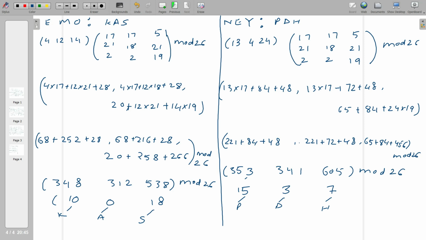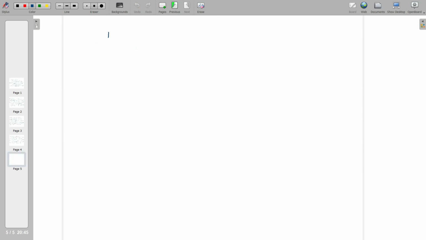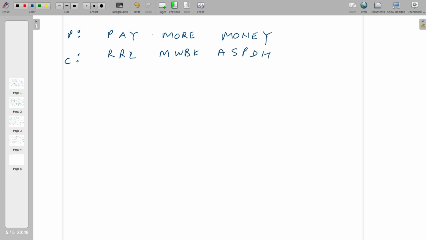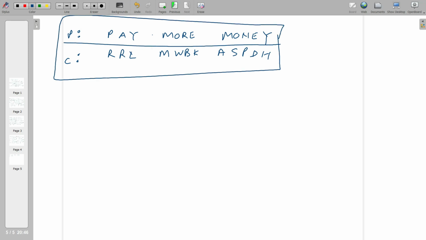So as a whole, if you check the cipher text for "pay more money", this was our plain text initially. Now for this, the cipher text is R R L M W B K A S P D H. So this is our plain text, and the next one is the cipher text.